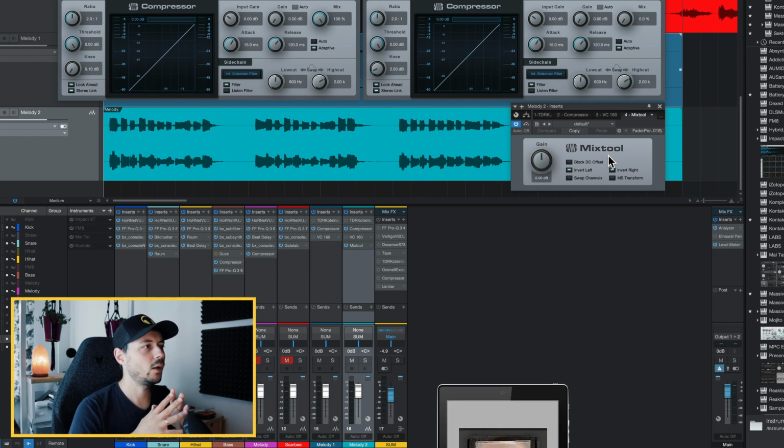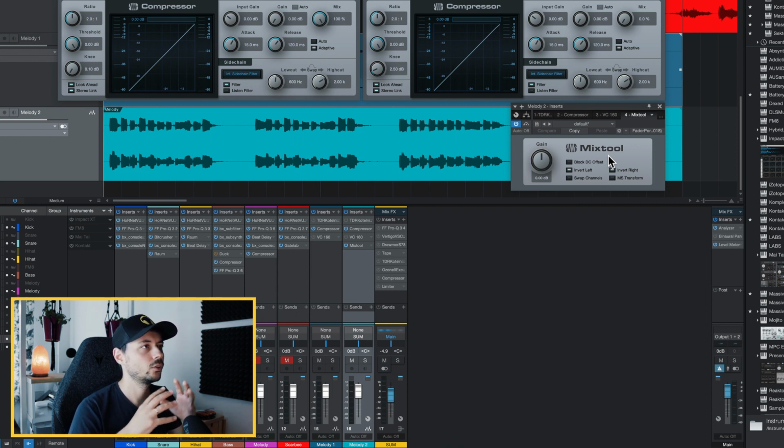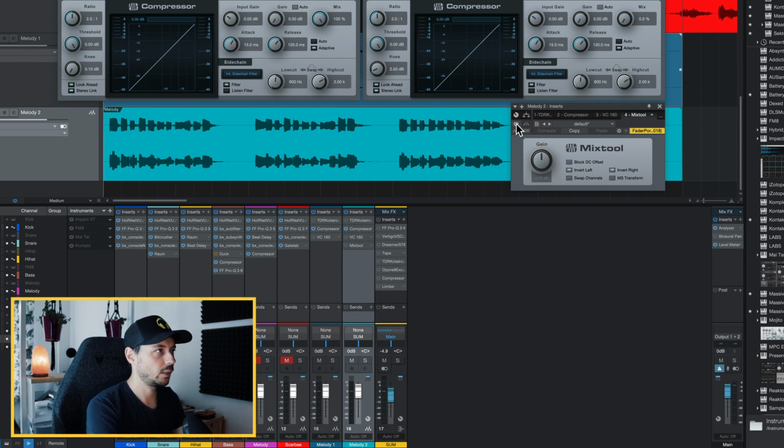Now when I play back these two identical waveforms, these two melodies, and I switch off this mix tool and play the signal back, what should happen is we will hear the signal. Why? Because the phase is not inverted, first of all.